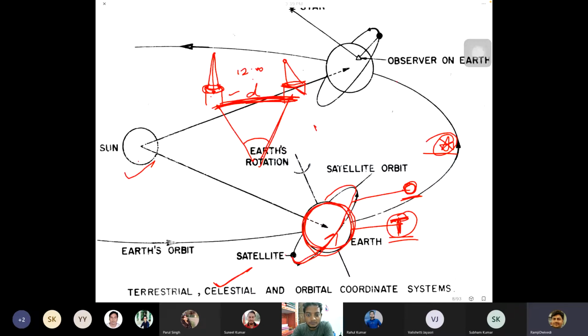That means we first have to understand how we are defining our Earth, that means the size and the shape of the Earth. At the same time, the gravity field, because gravity is one of the major properties of our planet Earth. And at the same time, because Earth is a living planet, isn't it?